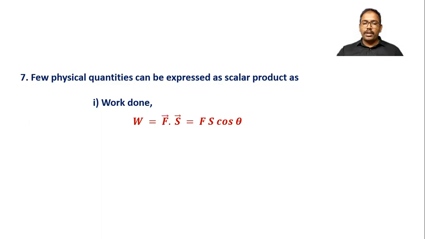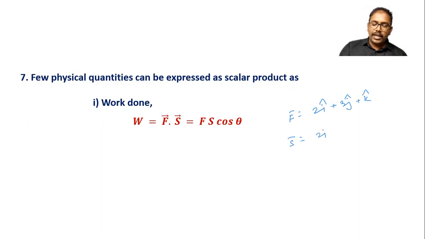Now by using this formula, a question may be asked to find the work done. They will give in the question F bar is 2î plus 3ĵ plus k̂, and S bar is 2î plus 3ĵ plus 2k̂. For example, I'm picking: find the work done. You know how to find F bar dot S bar.